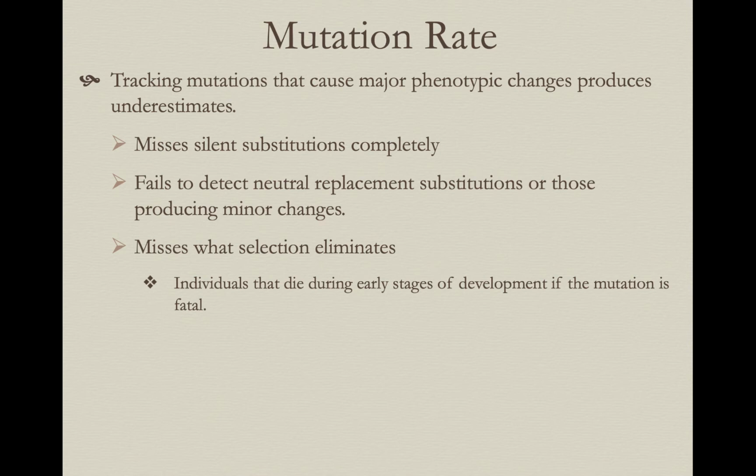Now, on the opposite end of the spectrum are those mutations that cause such major problems that they completely kill off a gamete from being formed, or kill off an organism in early developmental stages before you can even record it as an individual. So a mutation occurred, but natural selection is wiping that out before it can even become part of the sample.